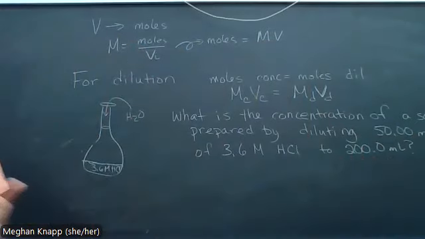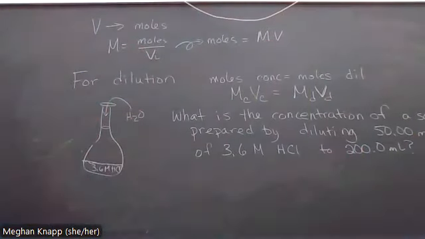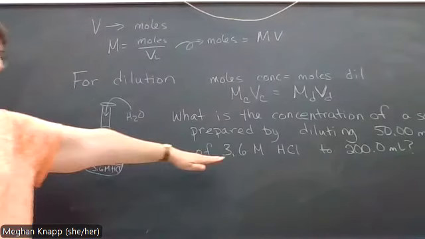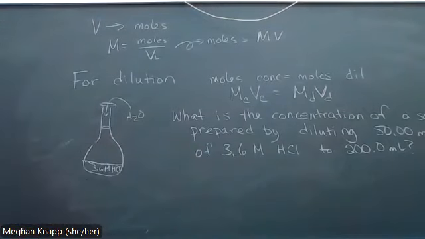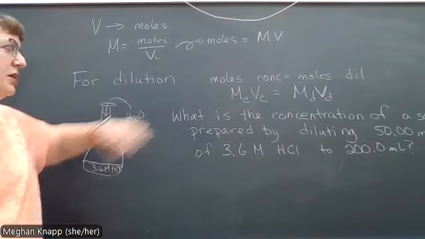And this is a dilution problem. Okay, so I'm taking a stock solution that I had, some 3.6 molar, and I'm going to dilute it down. So I'm going to use this formula here.